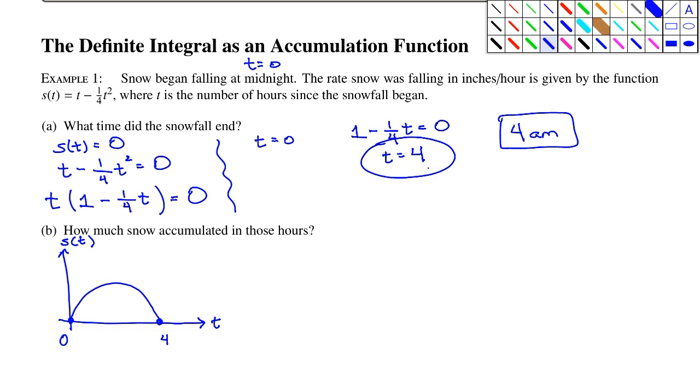The accumulated snow is equal to the area under the curve. And I want to calculate that. So we're going to say snow is equal to the integral from 0 to 4, those are my time values, of the rate of change function, which is t minus 1/4 t squared dt.